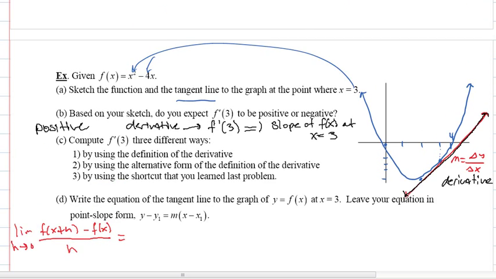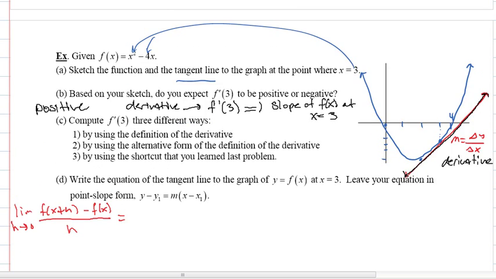The function is x squared minus 4x, so it's x plus h squared minus 4 times x plus h, minus the function itself, x squared minus 4x, all over h.